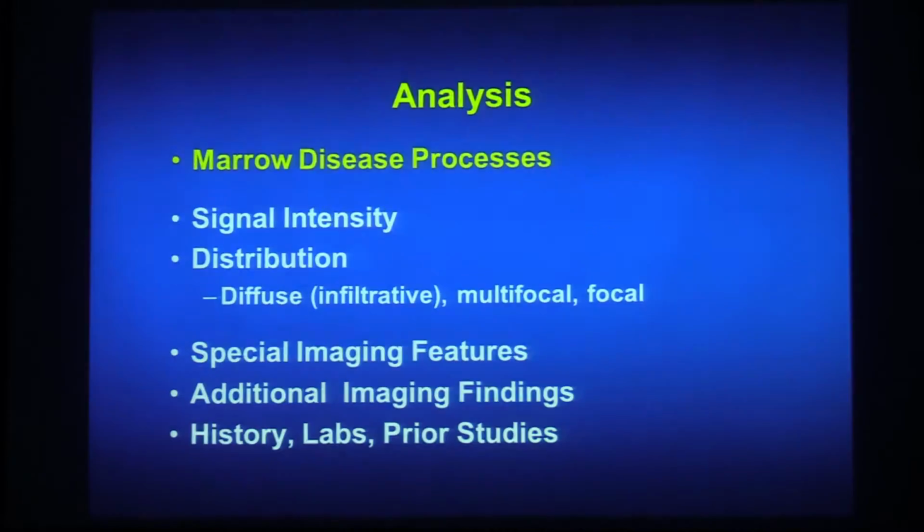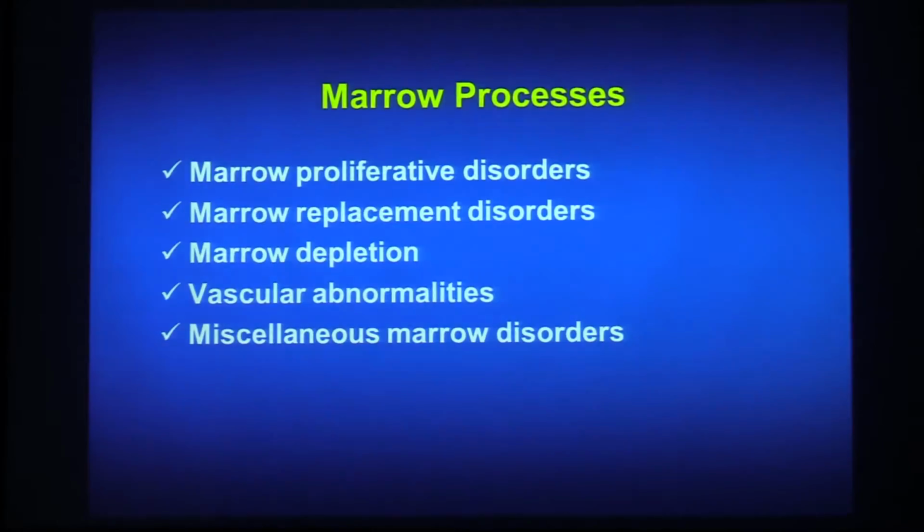So what about an analytic approach? We've sort of teased that out, but what I'd like to do now is talk about the different processes that affect the marrow, and then we'll talk about signal intensity and distribution of the marrow abnormality, and finally emphasize the look for special imaging features, additional features, using the history, the labs, to try and decide what you're looking at.